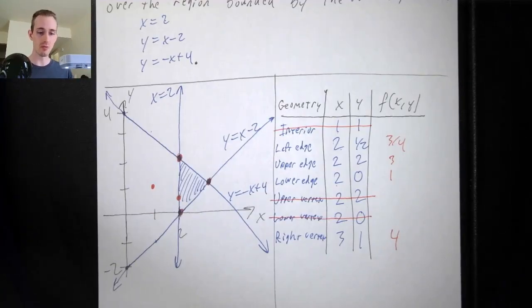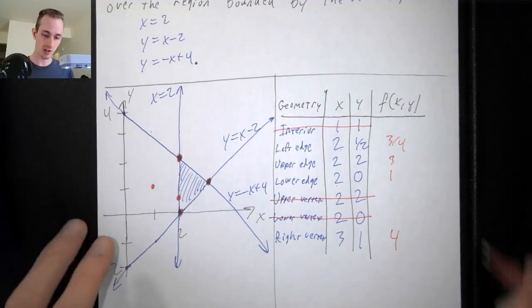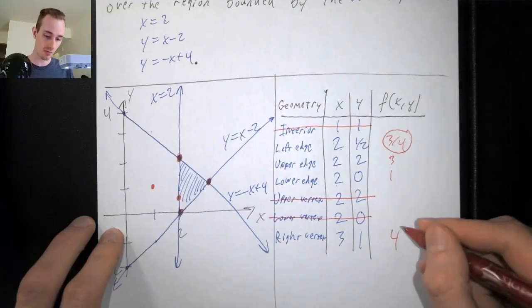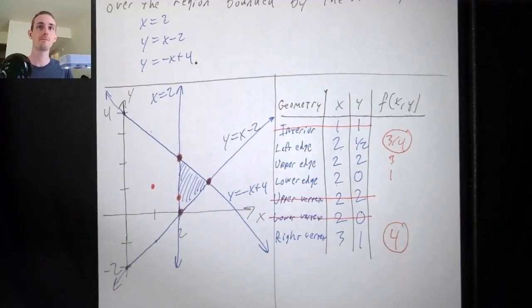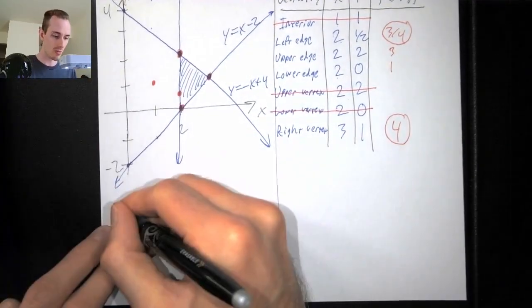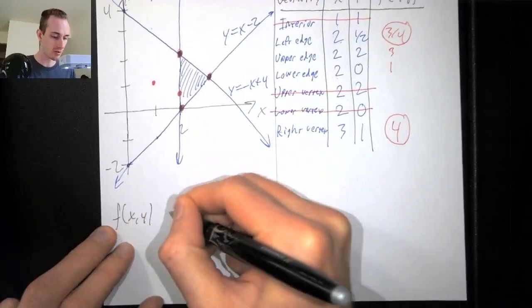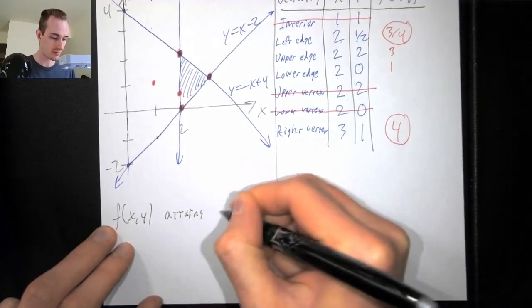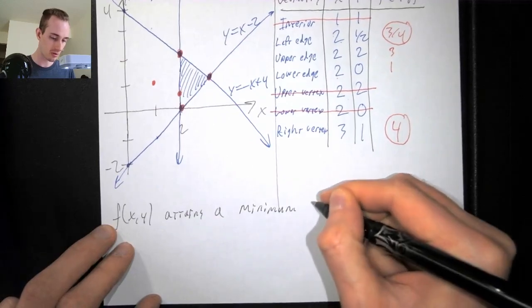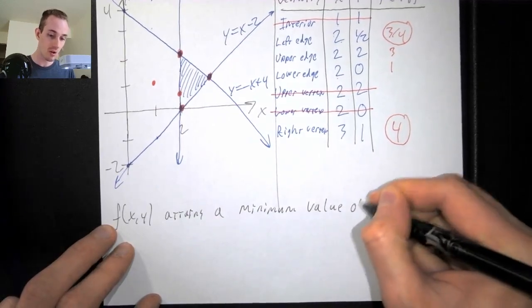We're looking for the minimum and maximum values. The smallest of these is 3/4, and the largest of these is 4. So those are our min and max, and we can present our final answer like we did before. I'll do this down here. So this time I'll say f of x, y attains a minimum value of 3/4.